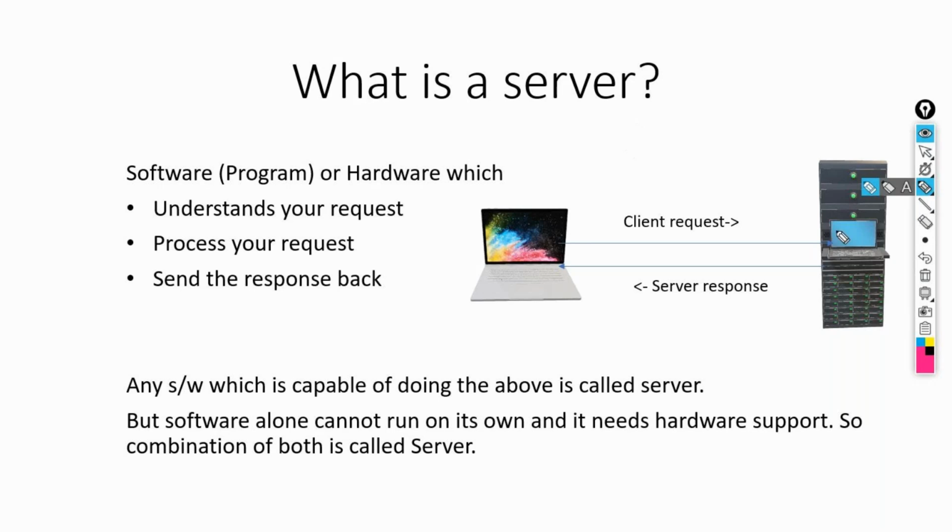In our entire course, I might very frequently use this term server. You might hear this term in general also, like server crashed. You might go to a bank and they will say server crashed. You might go to a train ticket system and they will say server crashed. What do they mean by that?